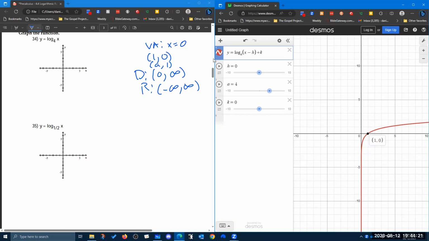This one's going to have a vertical asymptote at x equals 0. It's got a domain of 0 to infinity. It's got a range of negative infinity to infinity. It's got characteristic points at (1, 0) and (1/2, 1).